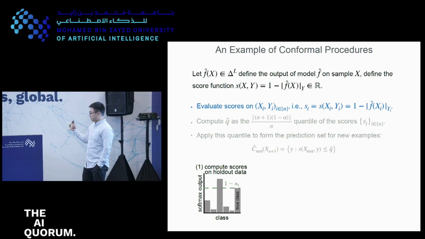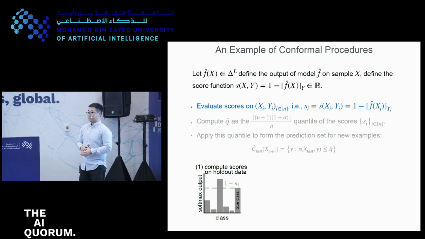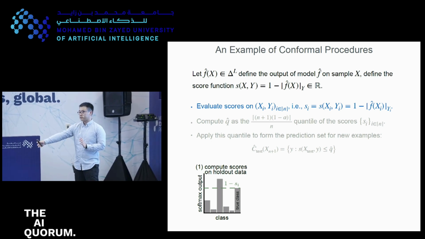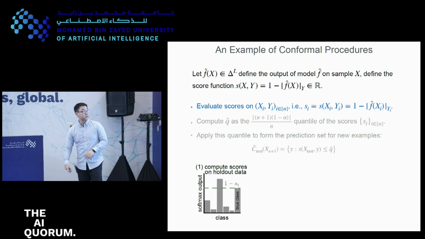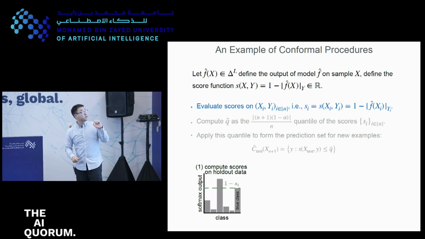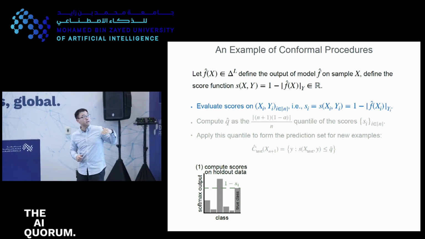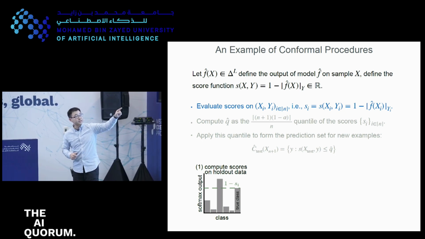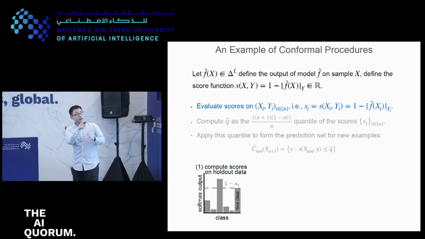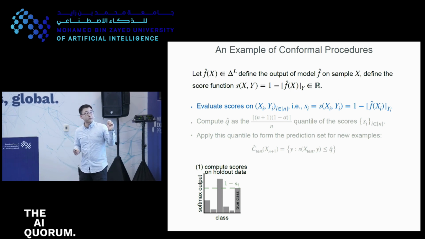And I will work through a very simple example of how you can construct such conformal prediction predictors. So given n samples, we can construct a score function, which is S. Here we are taking the LAC, which is an algorithm in CP.